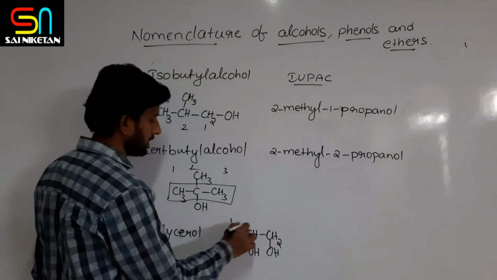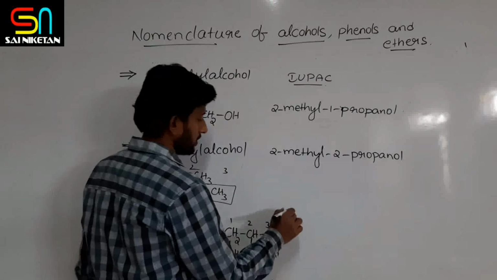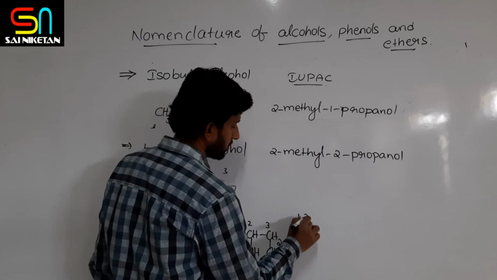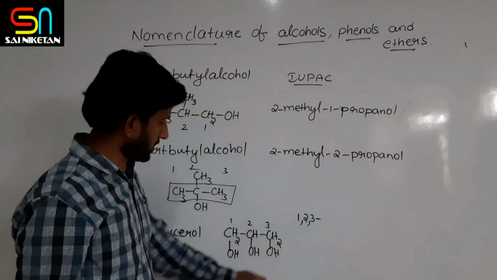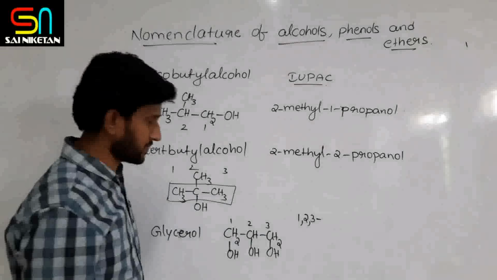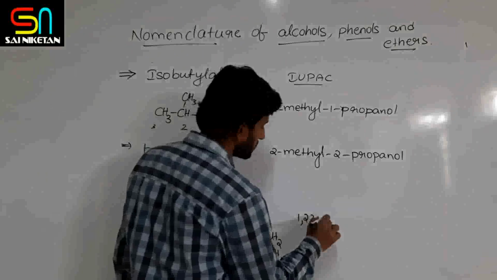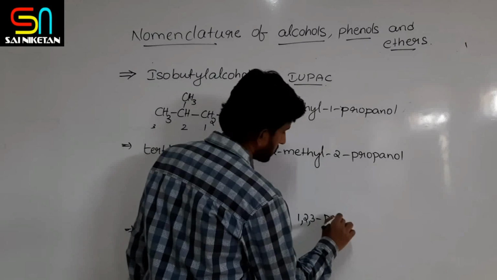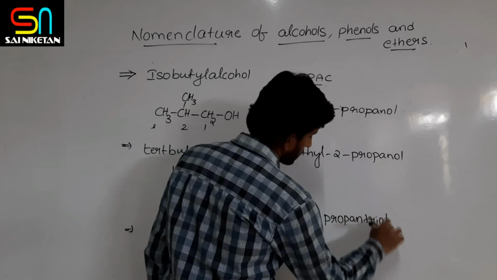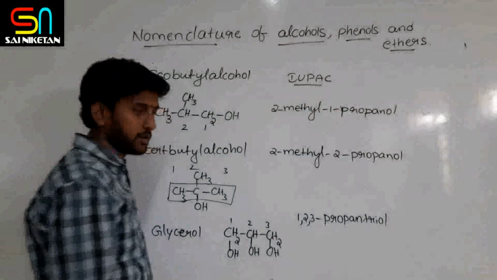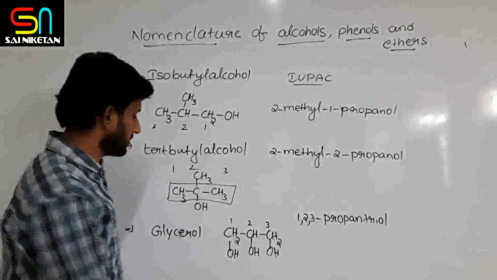The numbering is anyway the same, 1, 2, 3 or like this. So what will be the name of this compound? 1, 2, 3, because 3 same groups are there, so you should say triol. But what is the parent? Propane. So 1, 2, 3. Propane triol, or else propane-1,2,3-triol. This is IUPAC.